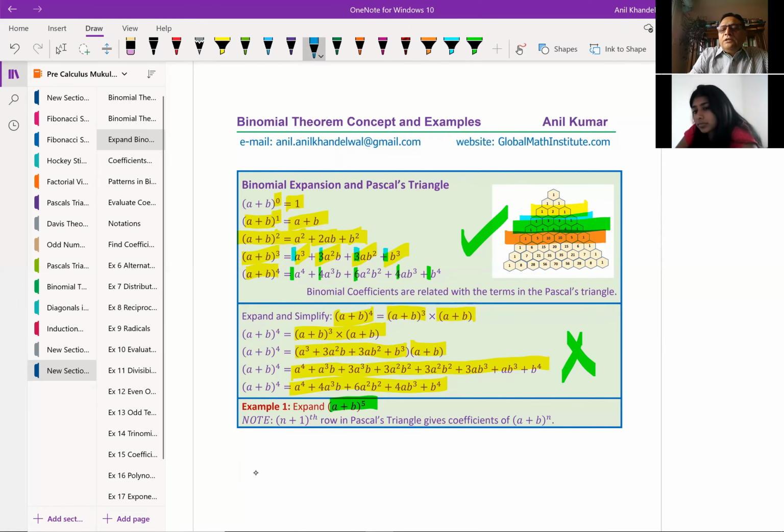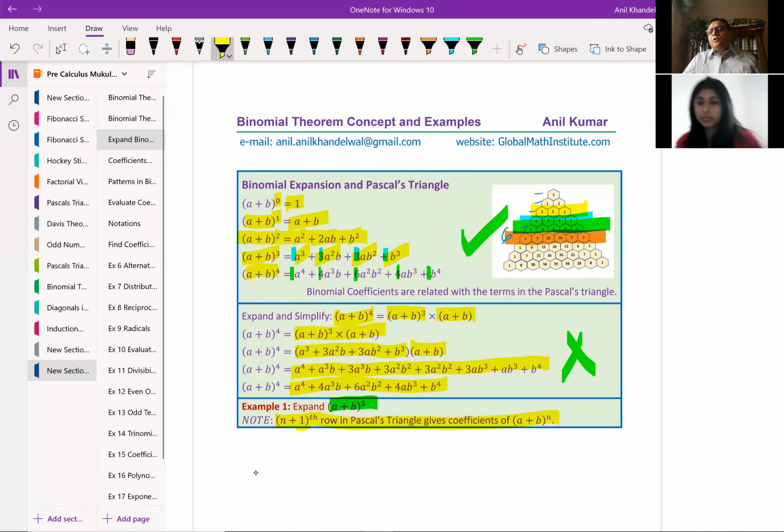Now you can count the number of rows for the fifth. I am not talking about Pascal's way of counting, but otherwise if there is a triangle, we say this is 1, 2, 3, 4, 5, and this is my sixth row in this particular triangle. So you will notice that the correspondence of (a plus b) to the power of n is with the (n plus 1)th row in Pascal's triangle.